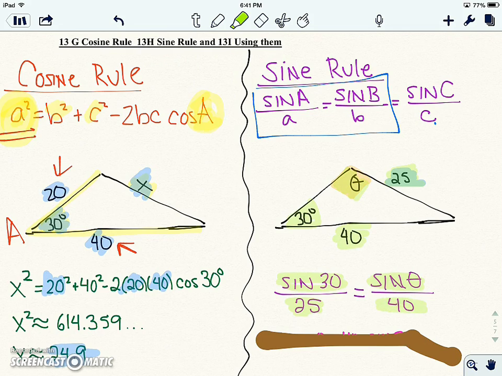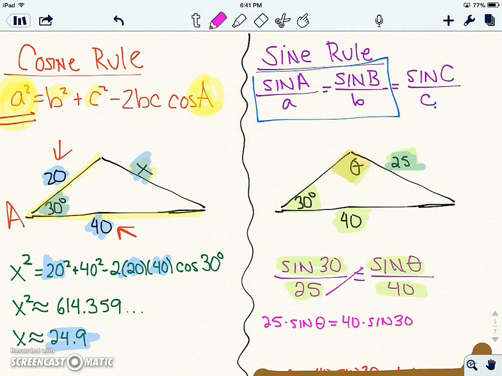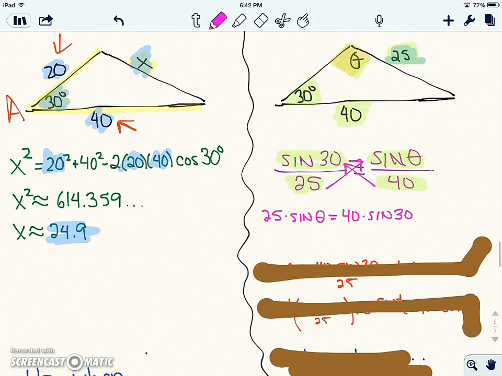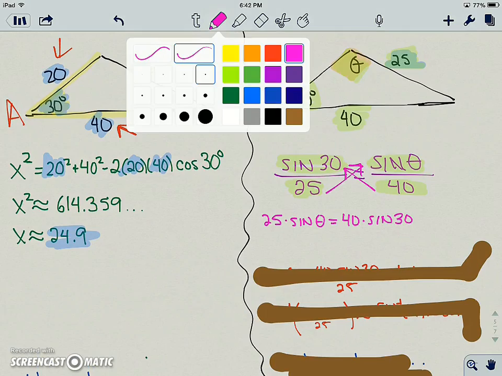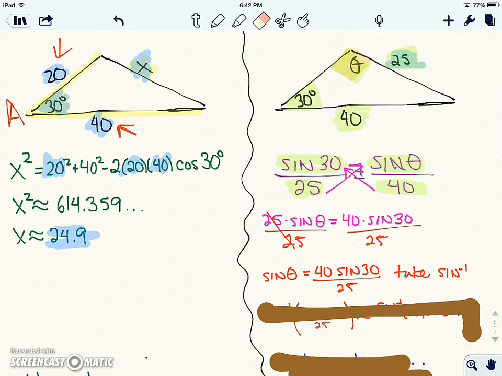Now we use some algebra 1 and cross multiply and solve. So we have 25 times the sine of theta equals 40 times the sine of 30, which is just 25 times a variable equals a number. To solve something like that, we divide both sides by 25, and we get the sine of theta equals 40 times the sine of 30 over 25.